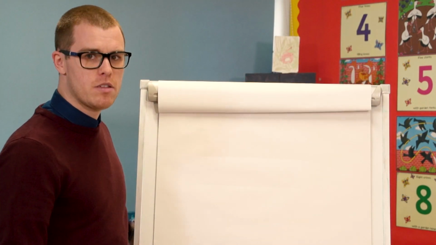Now it's time to spell another word. Let's spell magic. Segment the sounds with me. Magic. m, a, j, i, k. Let's count how many sounds there are. Magic. m, a, j, i, k.